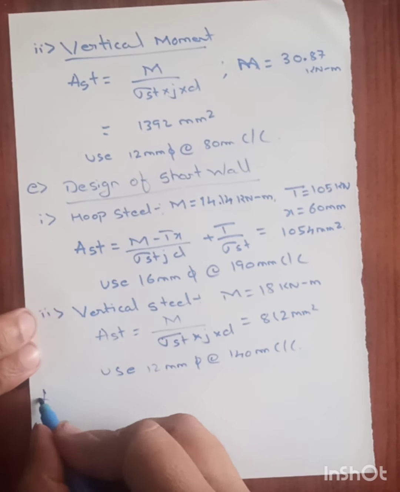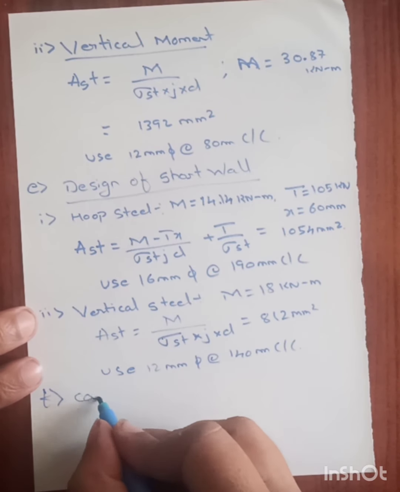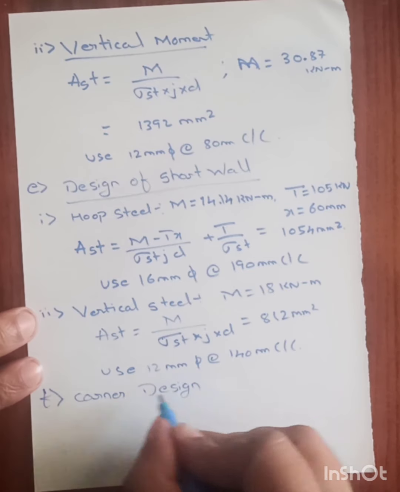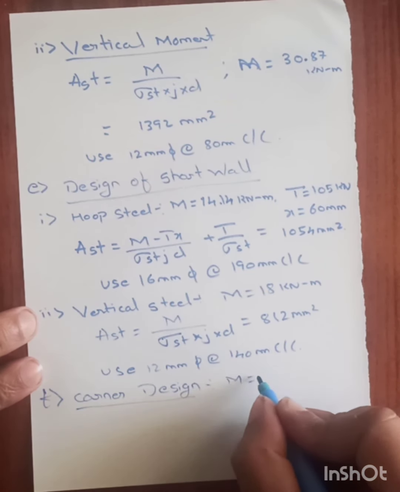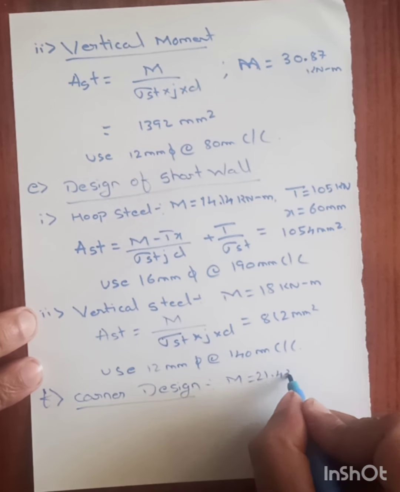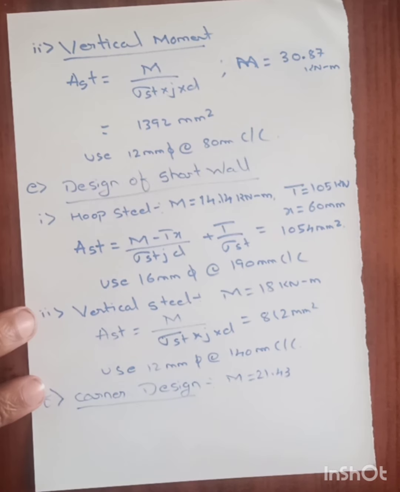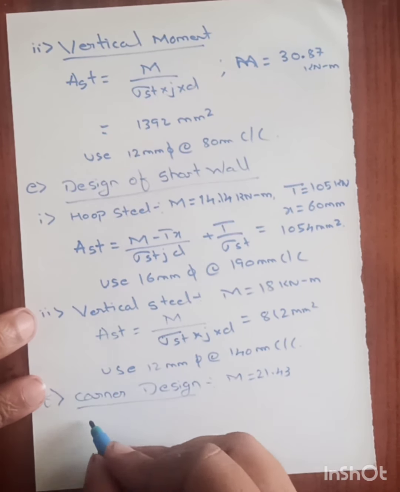Next, let us provide the corner steel as well. So corner design, it is subjected to only moment. So M is 21.43. Let us provide the reinforcement near the liquid face.